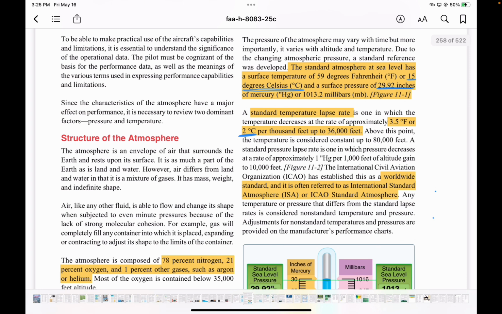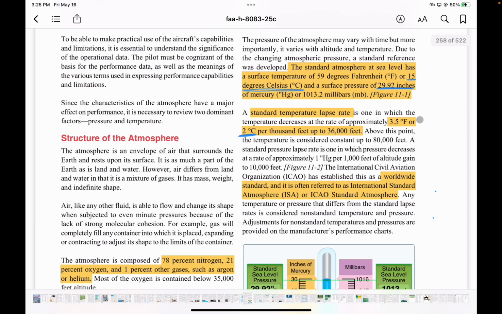And a standard atmosphere also has a surface pressure of 29.92 inches of mercury or 1013.2 millibars. Again, you can see that I underlined the 29.92 inches of mercury in blue because that is what the FAA wants you to memorize. So write down in your notes these two numbers and then commit that to your memory.